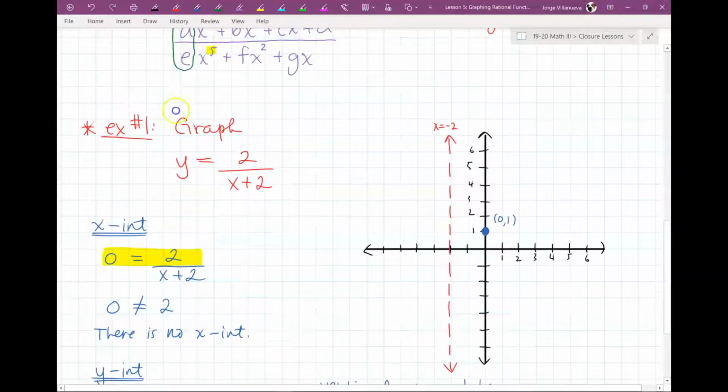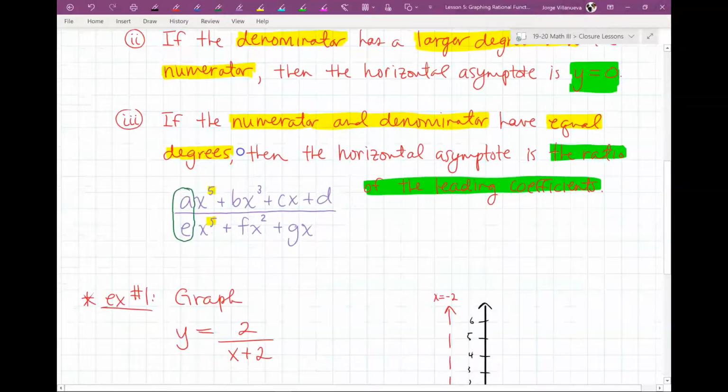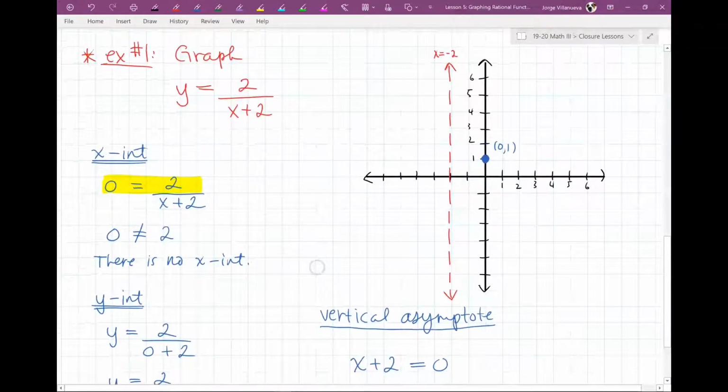So what happens if the denominator has a higher degree than the numerator? Well, part 2 says if the denominator has a larger degree than the numerator, then the horizontal asymptote is y equals 0. So I'm just going to write y equals 0. And let me draw that. That's basically the x-axis. So here we go.